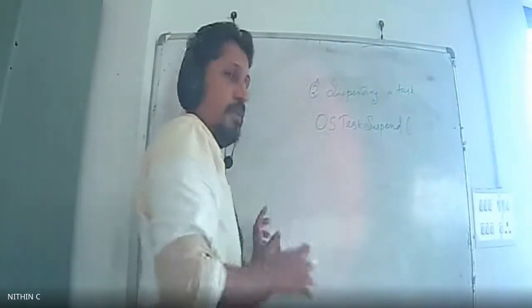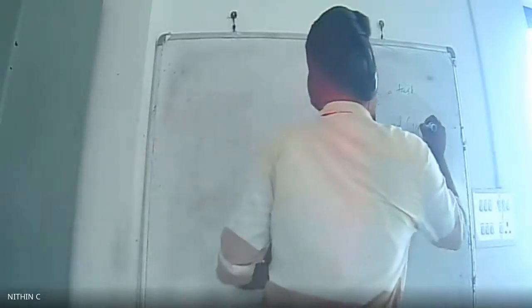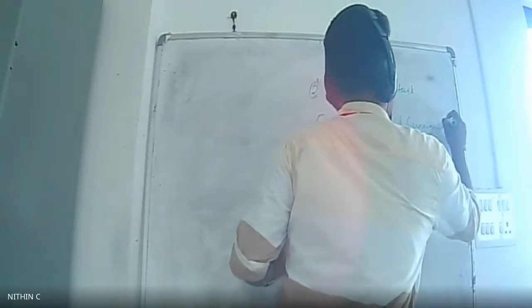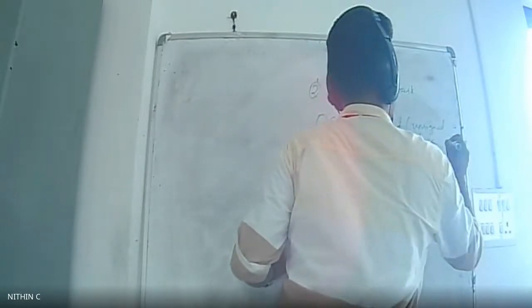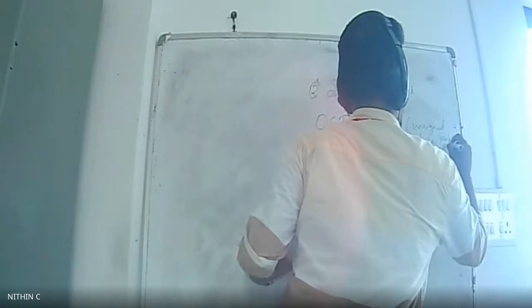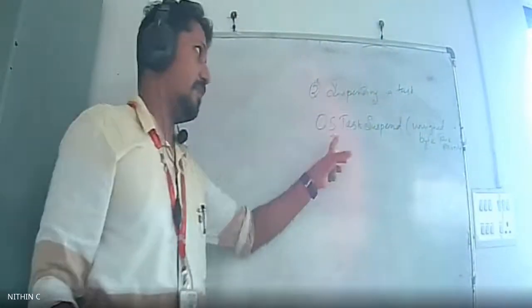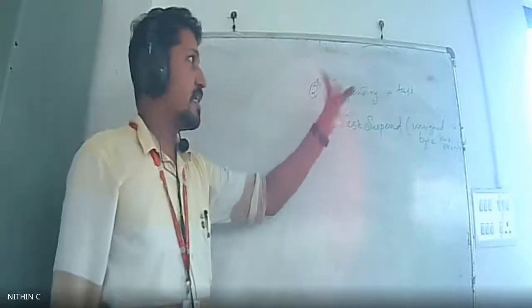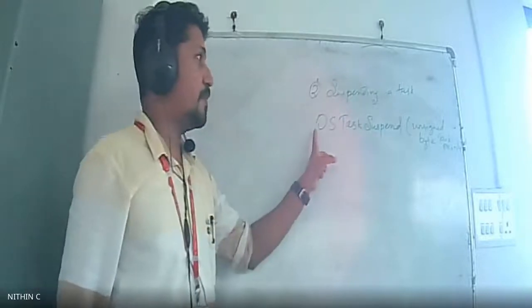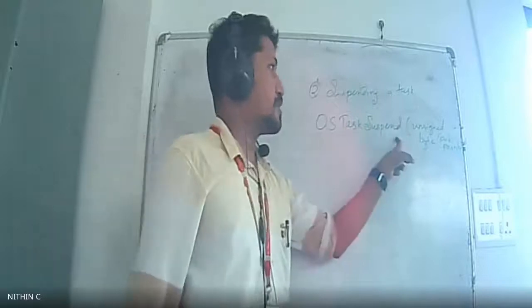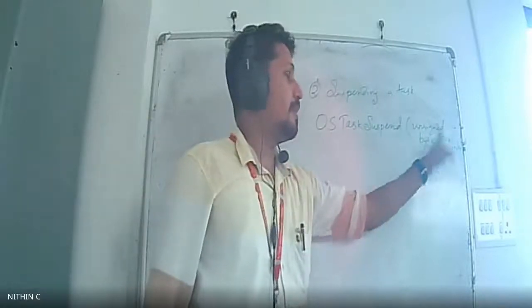Here we are not having many parameters. We are just having unsigned byte task priority. This will be the only parameter. This is pretty simple when compared to OS task create.